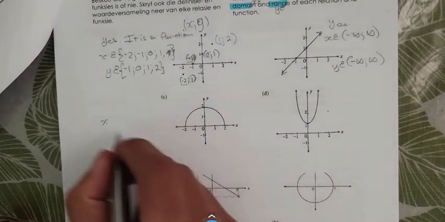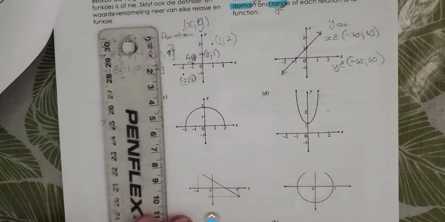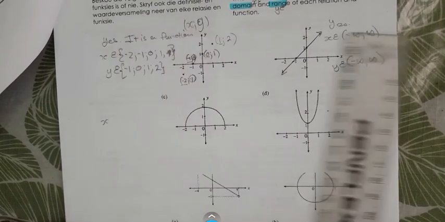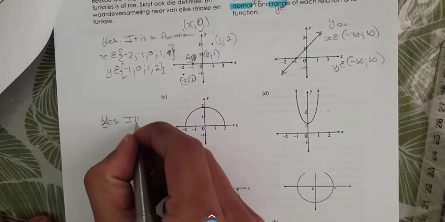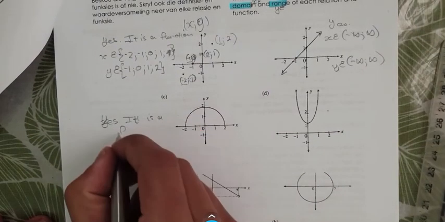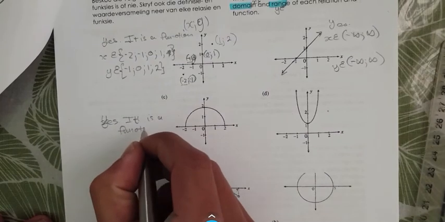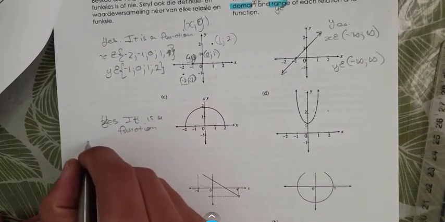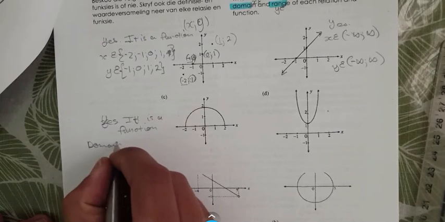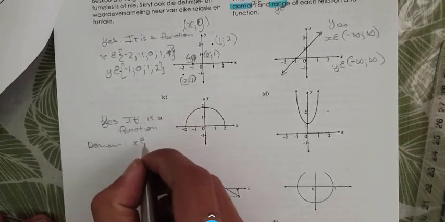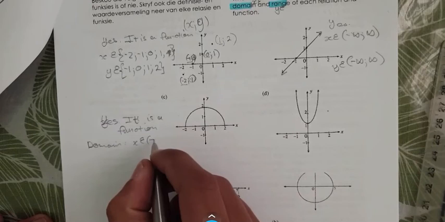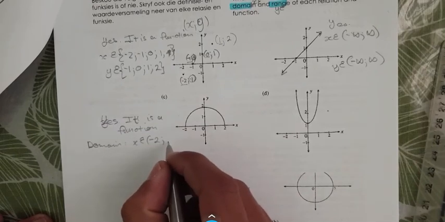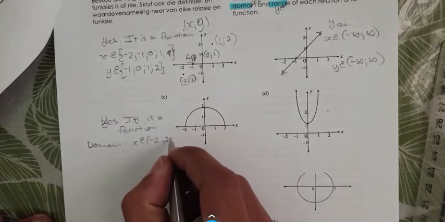Alright, so let's say this one, is it a function? I check for every y value, I go across, yes, it is a function. So now I write the domain, and the domain is x is an element from -2 until +2.